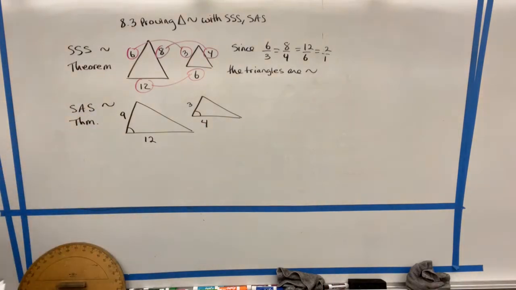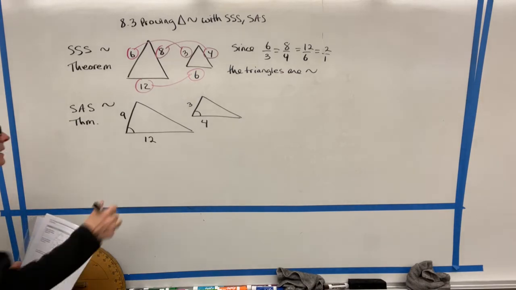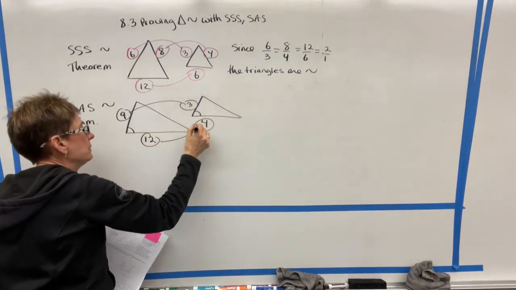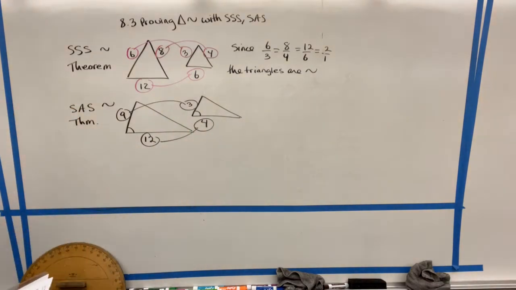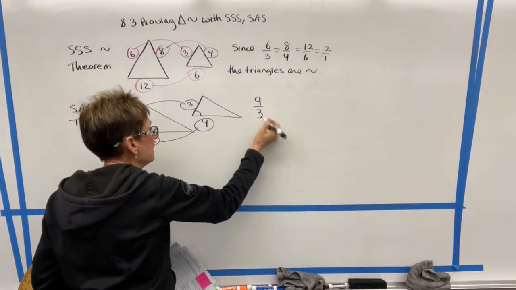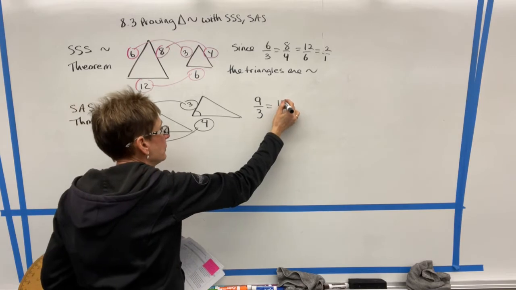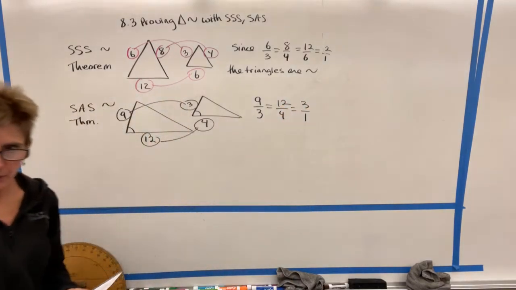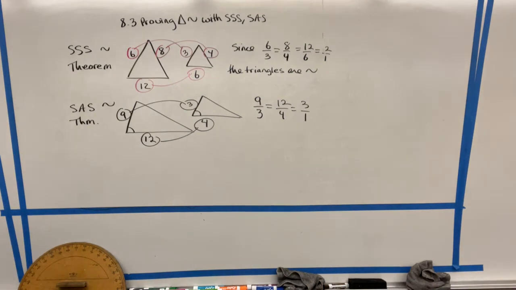So if we wanted to check whether or not these two triangles were similar using side, angle, side, we would compare the two sides and we would need the angle in between to be congruent. So we've got the angle in between congruent, then we just need to see the ratios when we compare the sides. So is 9 over 3 the same as 12 over 4? Yes. Both of those ratios are equivalent to the number 3. So those two triangles will be similar by side, angle, side.